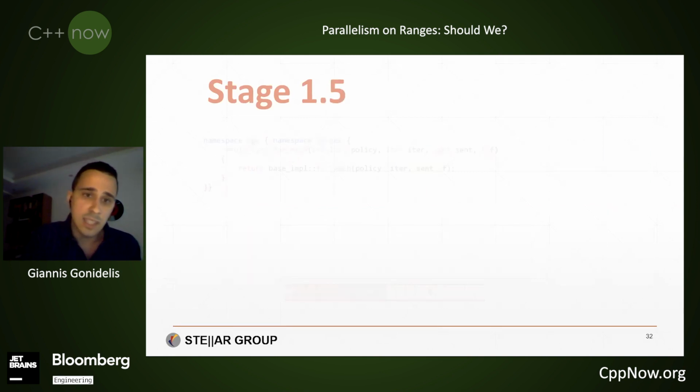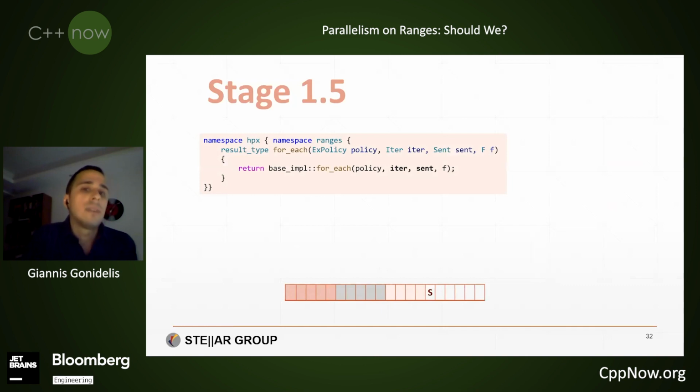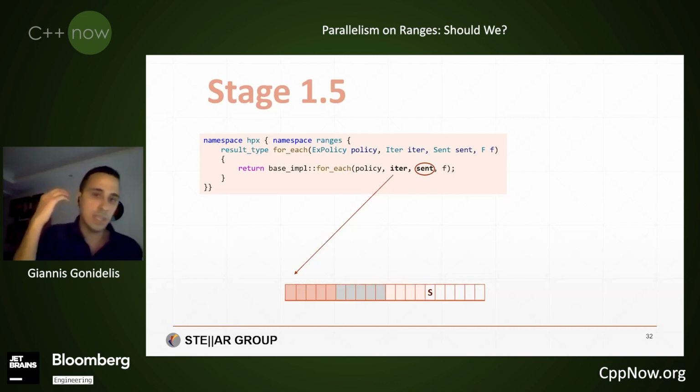Okay, we can take it a step further and say, if I want my begin and end to be different as ranges v3 dictates, then what's the solution? Well, begin stays the same. It's an iterator. Now, the sentinel could be whatever: a value, an iterator itself, or a distance.